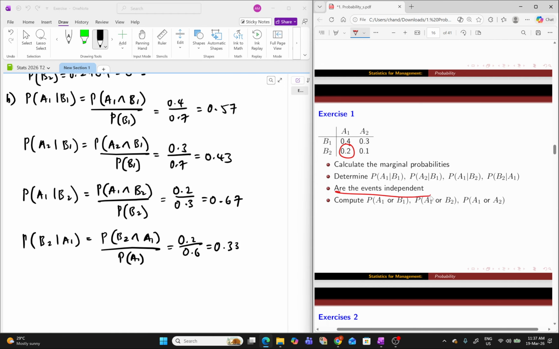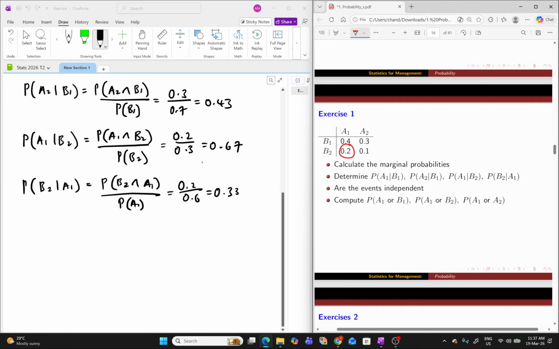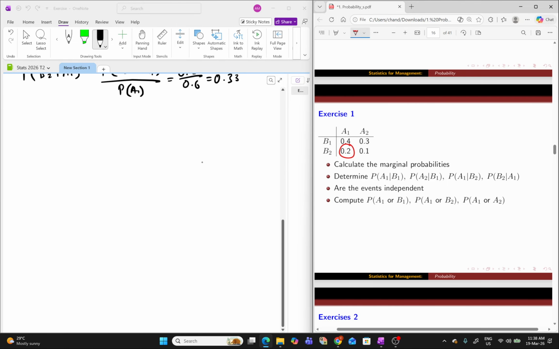Then, are these events independent? Basically they will ask you whether two events are independent. I just put here, these events are independent, because we have calculated all the probabilities. So for example, if I want to know whether A1 and B1 are independent or not, let us see.